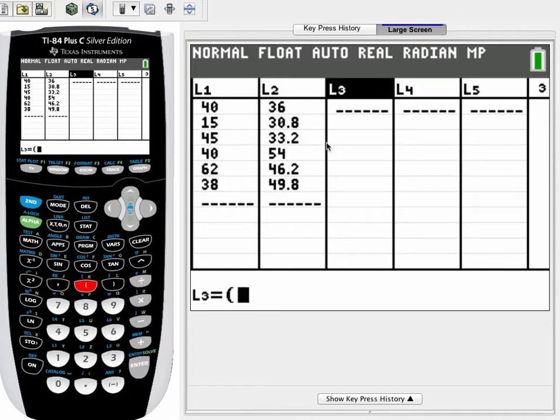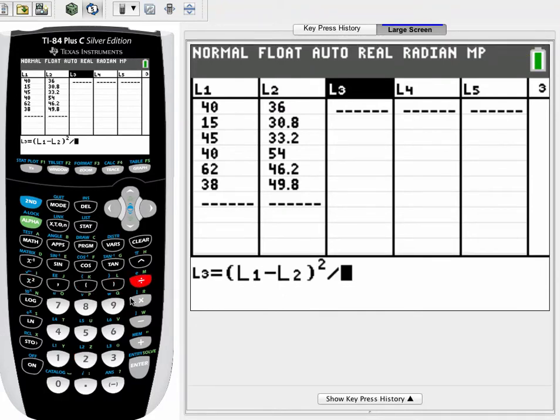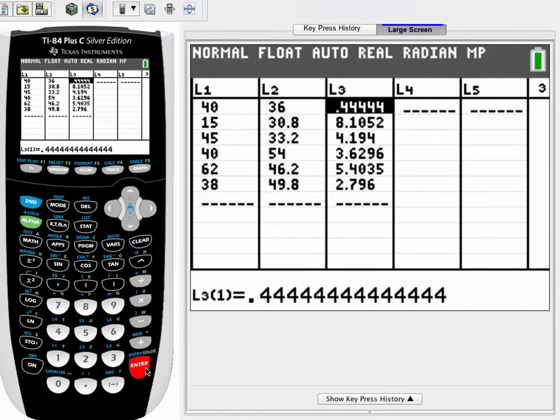My observed are in L1, so we call up L1, second one, minus my expected, which are in L2, so second L2, close your parentheses, squared, and then we divide that by our expected, which are in L2. Now when I hit enter, it fills up L3 with the values for each observed minus expected squared divided by expected. Now our test statistic will be the sum of all these values.